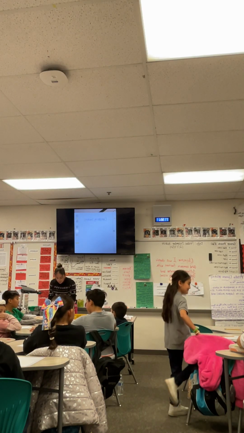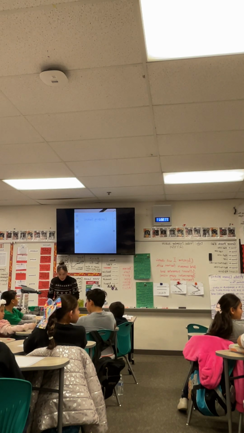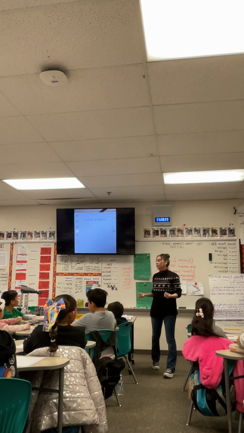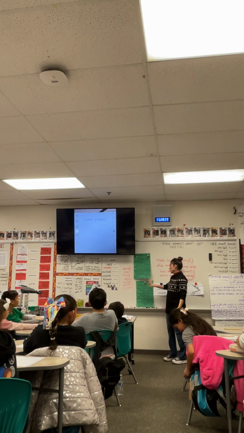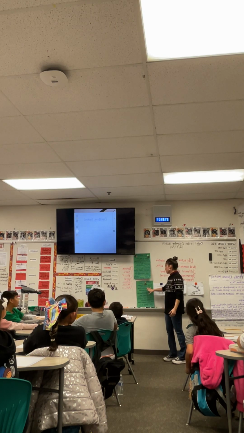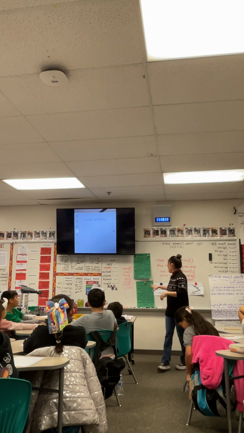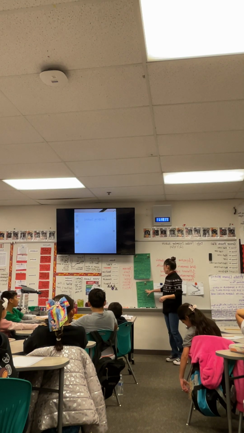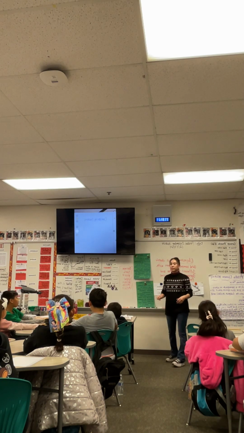Okay, as we jump into our lesson, let's keep in mind our success criteria. What we want to be able to do to be successful for this lesson. In our success criteria, we're going to use visual fraction models, whether it's circles, those pizzas, or those fraction bars, to represent fractions with different numerators and denominators.